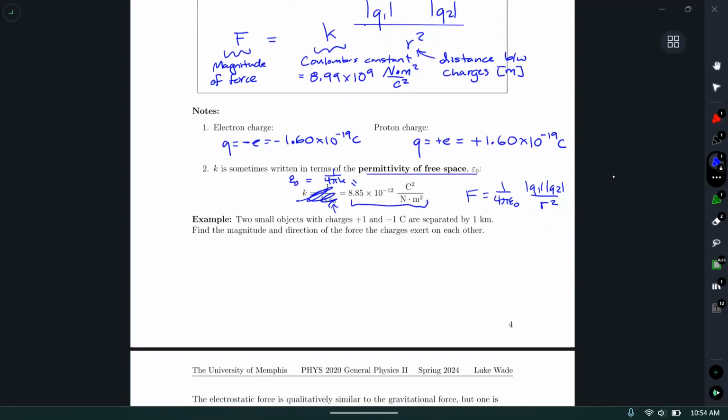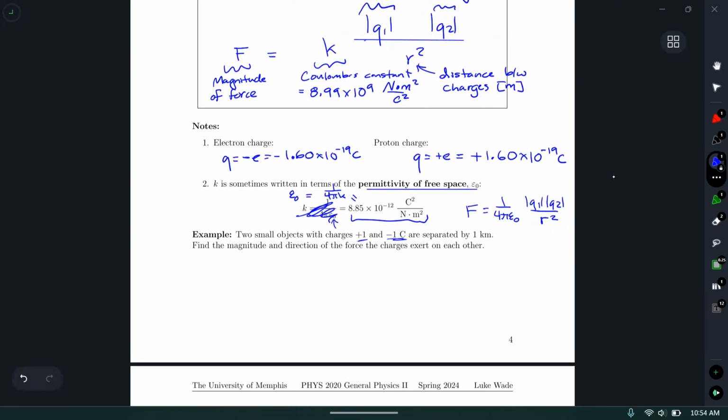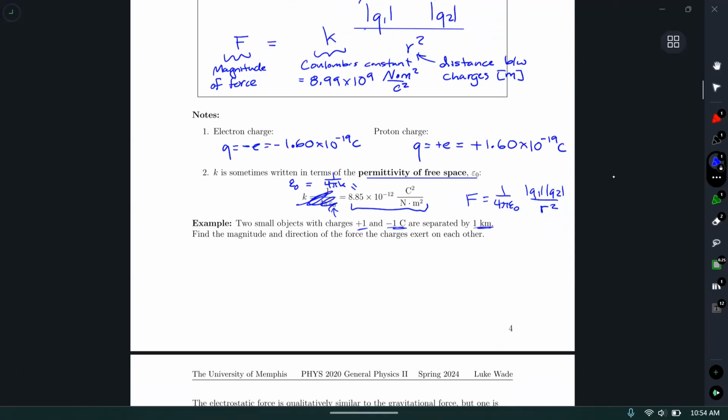Okay. Let's find the force between two 1 Coulomb charges. Now that we see what fraction of a Coulomb the electron charge is, we can see this is a very large amount of charge. We're dealing with 1 Coulomb, but we're going to put them a kilometer apart, pretty far distance apart from each other.